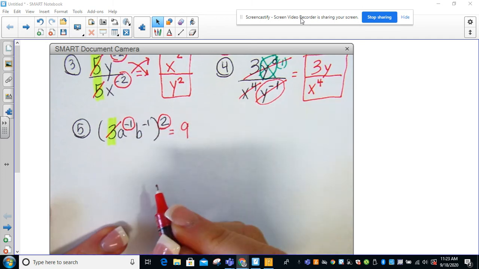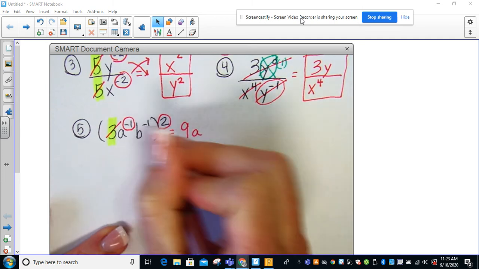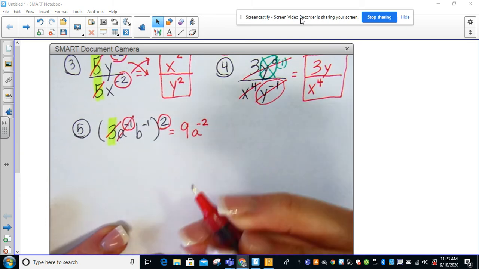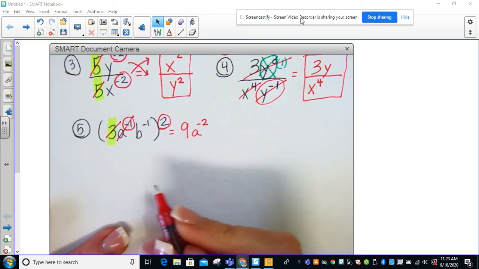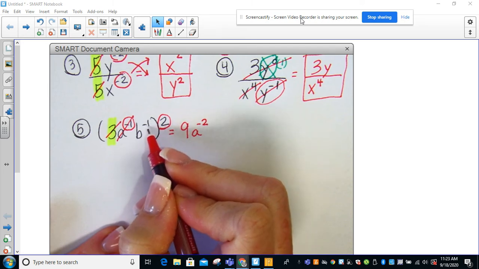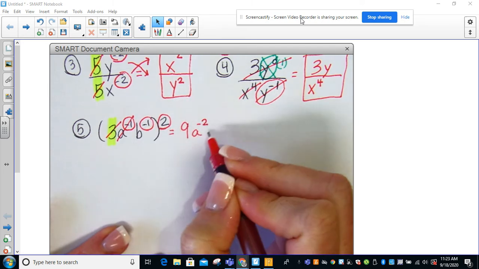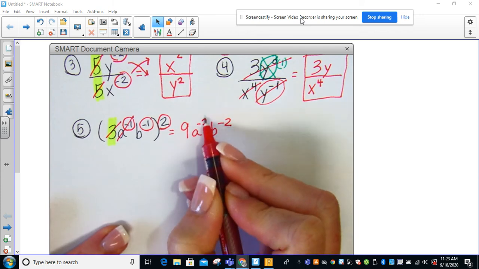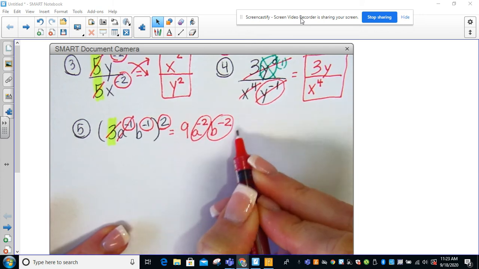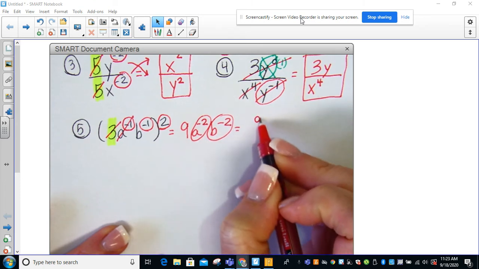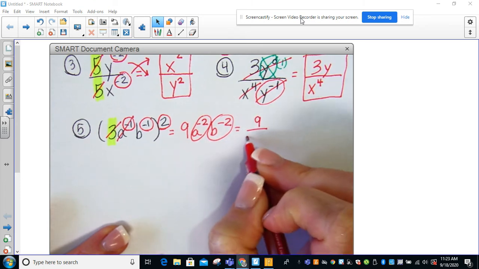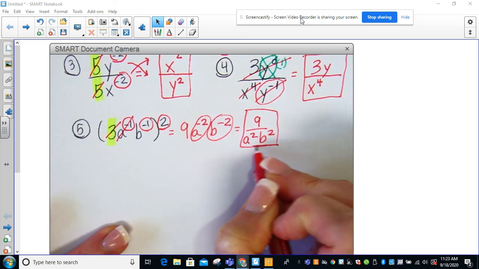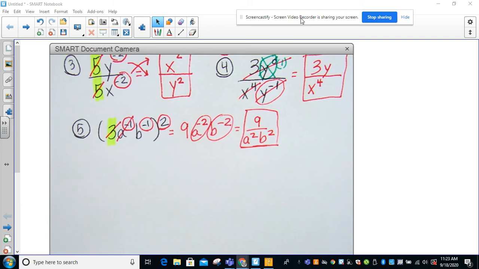So power to a power, we multiply. So negative 1 times 2 is a negative 2. Then 2 times negative 1 for the b is also a negative 2. So now we recognize that both of these are negatives. So we're going to move them to the bottom. 9 stays on top, and both of those move to the bottom and become positives. We can't put them together because one's an a and one's a b.